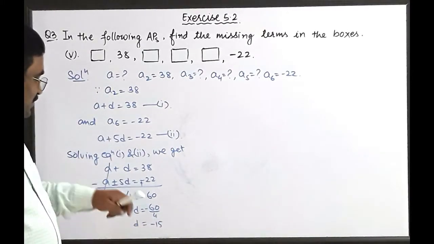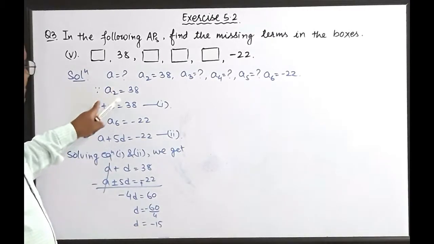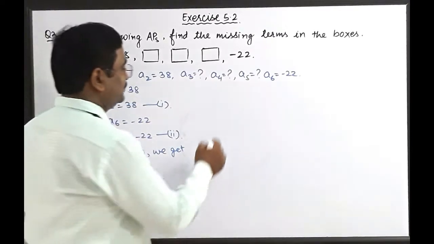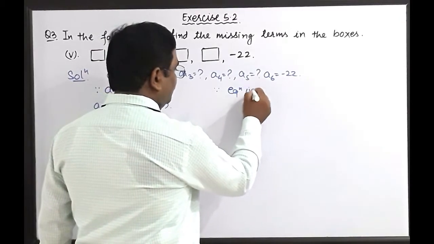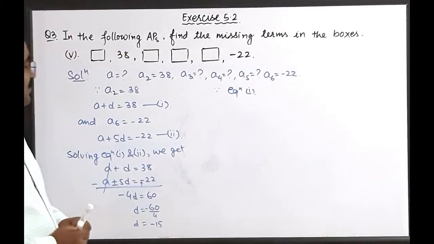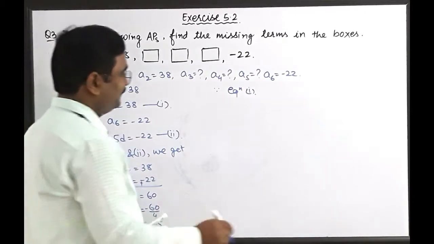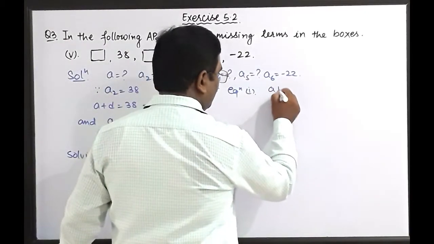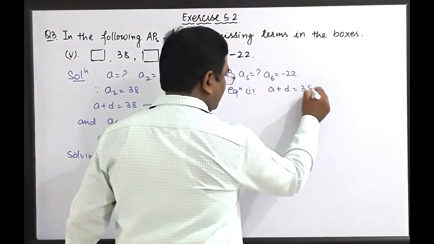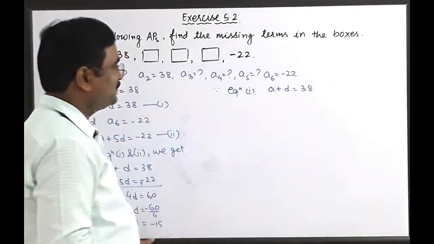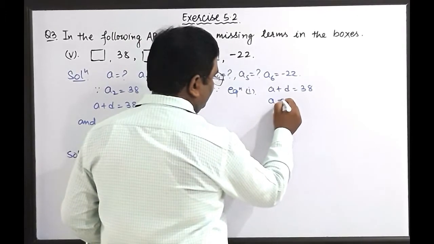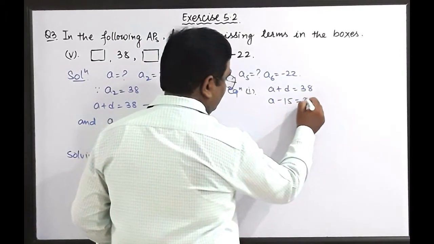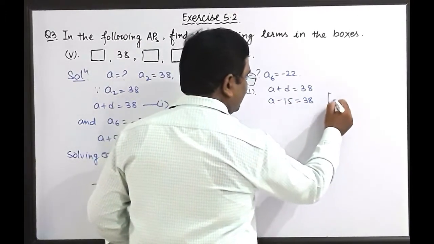As D is equal to minus 15, substitute this value in equation number 1. Since equation 1 is what? A plus D is equal to 38. D की वैल्यू minus 15 सब्स्टिट्यूट करते हैं. So A minus 15 equals 38. Why?